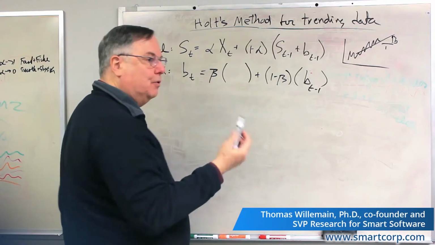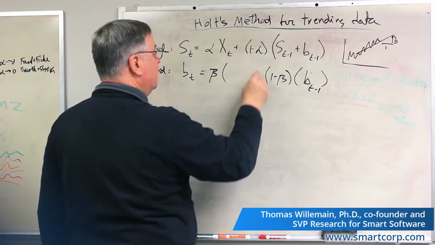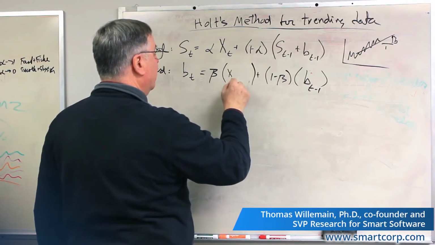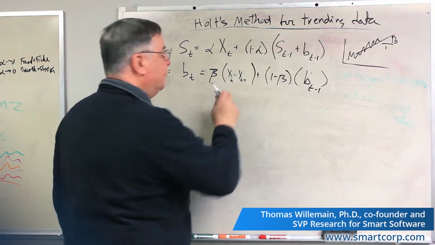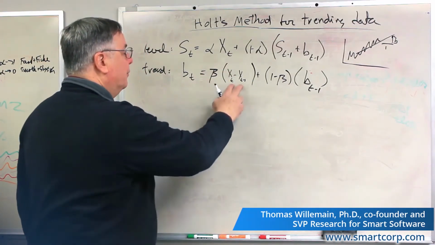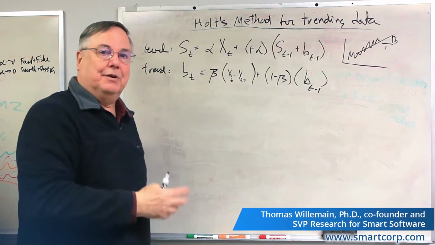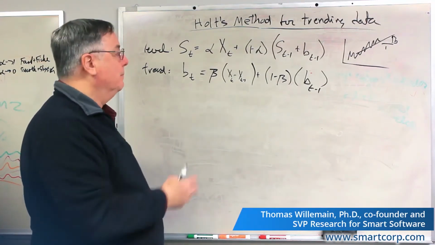And the simple, less good way to fill in this blank would be to say, well, here's where we are now, and here's where we were last time. So that's the change in the observed data. So this must be an accurate current estimate plus noise of the trend. But we don't do that.